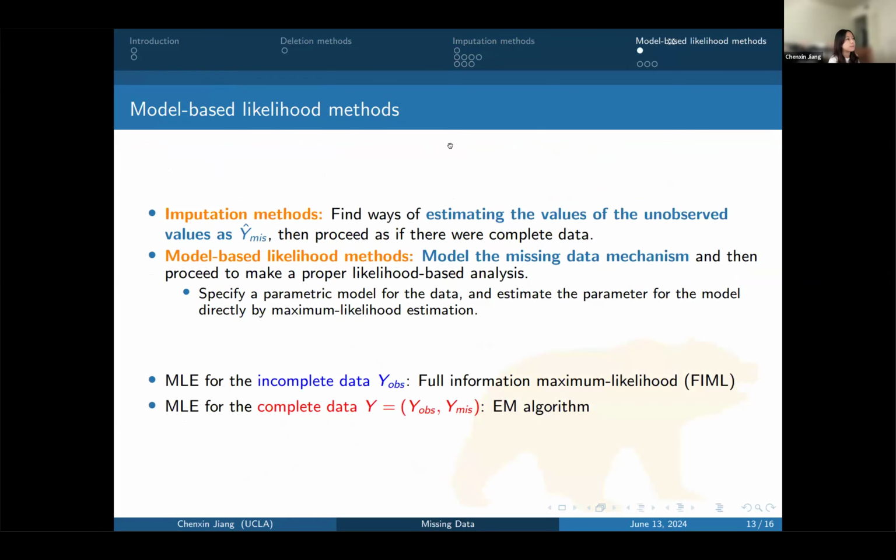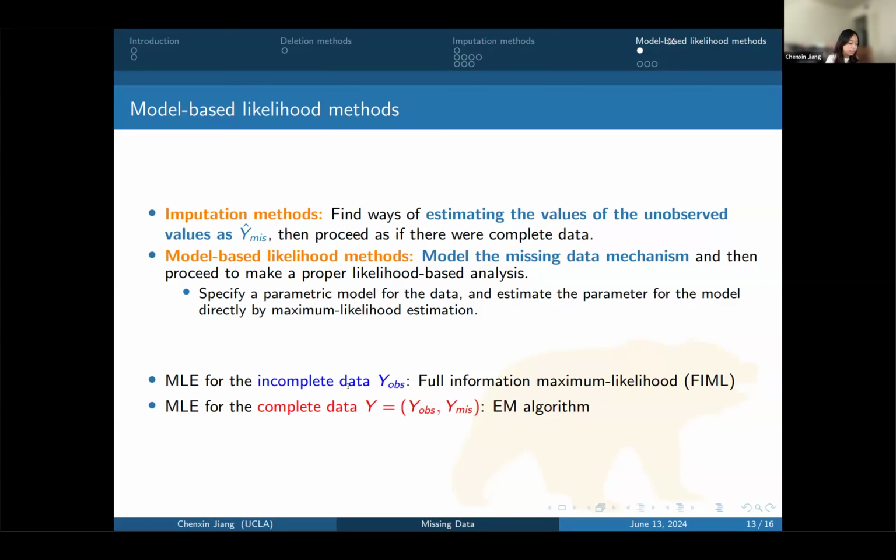Okay, so we've talked about deletion and imputation to deal with missing data. The third approach to missing data is called the model-based likelihood method. It is not so standard, but also very useful. It tries to model the missing data mechanism directly, then proceeds to make a proper likelihood-based analysis. If we can specify a parametric model for the data and estimate the parameters directly by MLE, then we are done.